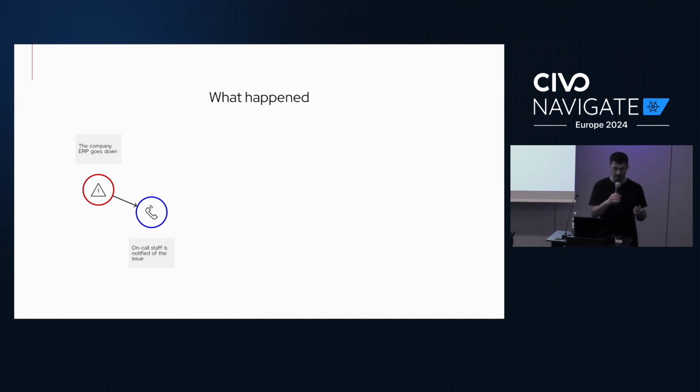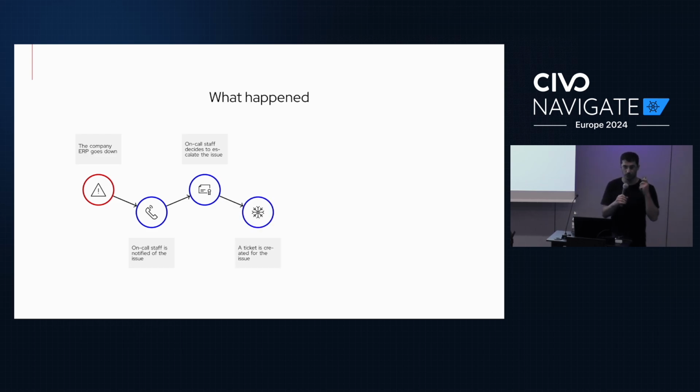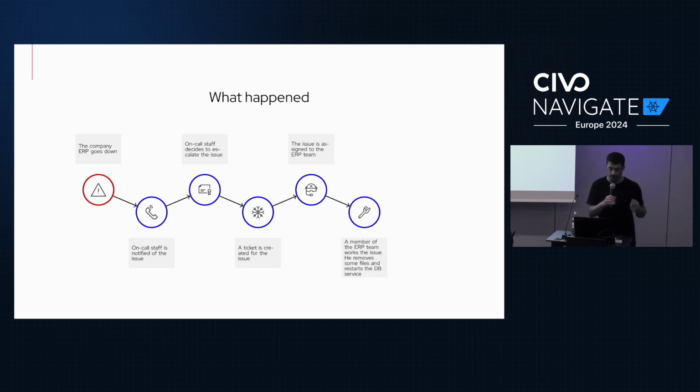They decided that this was a little bit too complex for them or too risky for them because it's a critical system. So they decided to open a ticket. The ticket got assigned to the ERP team, and someone actually acted on it. And the way they acted was removing a few files from a server and restarting the DB. And then the ERP went back up.